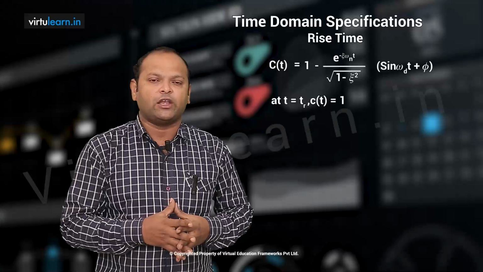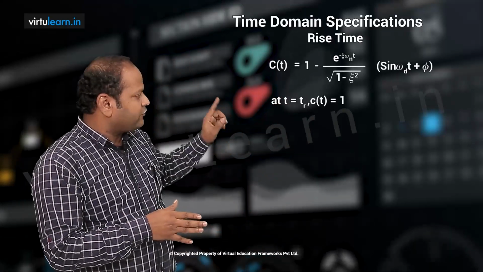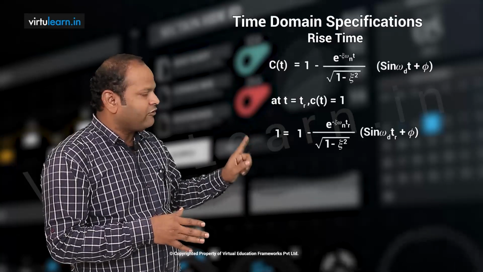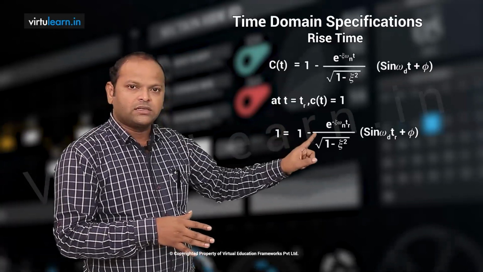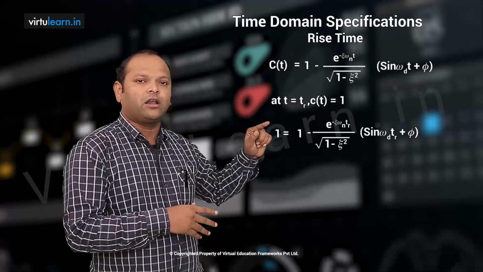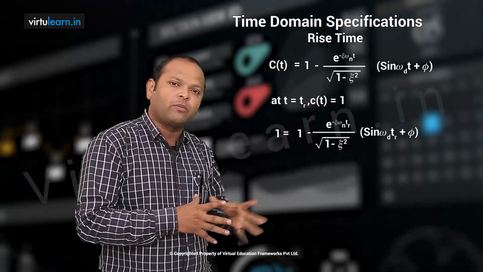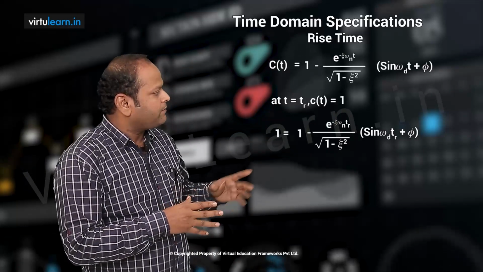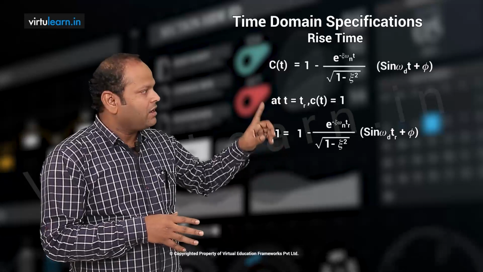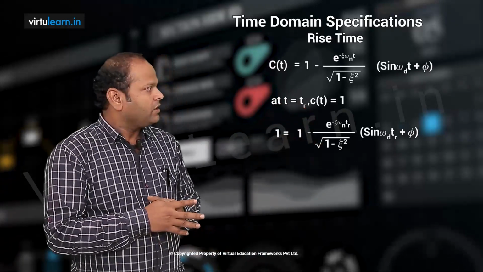That is the steady state value. So 1 is equal to 1 minus e power minus zeta omega n tr, in place of t I take tr, divided by under root 1 minus zeta square, and sine omega d tr plus phi.